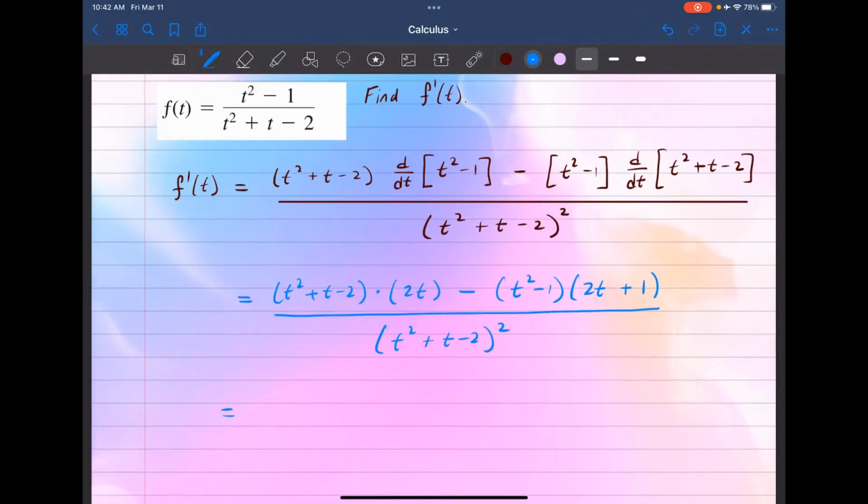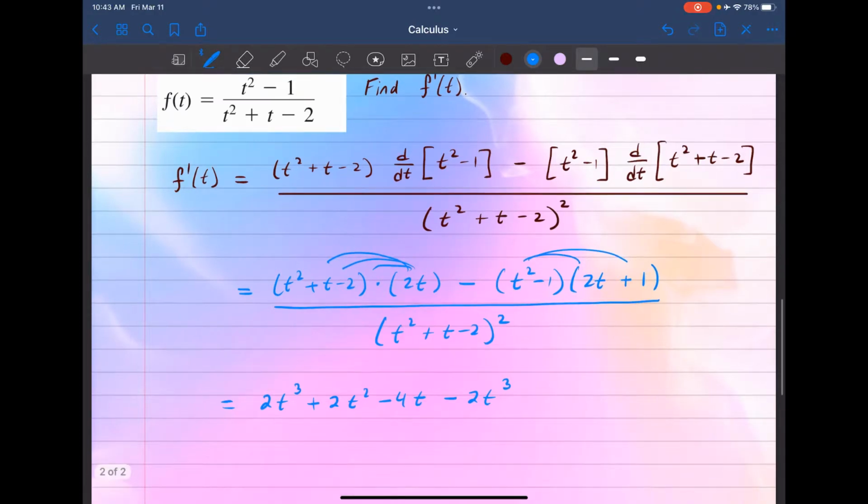So I'm going to go ahead and distribute here, and that gives me 2t cubed plus 2t squared minus 4t. And then here I will distribute this and distribute the negative. We'll do that at the same time. So that'll be minus 2t cubed, and then minus t squared.